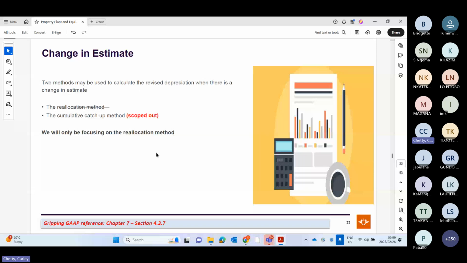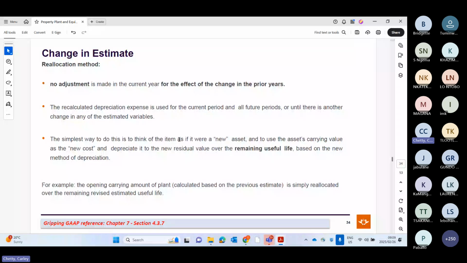So what is the reallocation method? Under this method, no adjustment is made in the current year for the effect of the change in the prior year. The recalculated depreciation expense is used for the current period and all future periods, or until there is another change in any of the estimated variables.